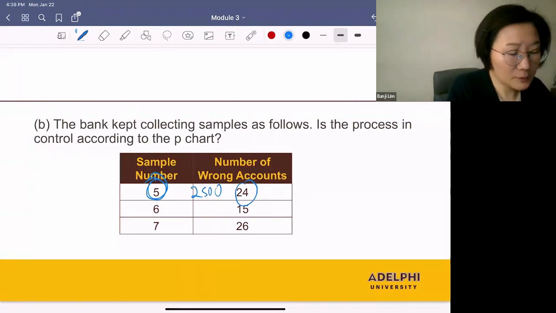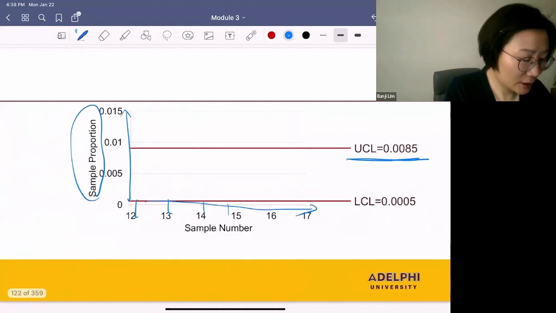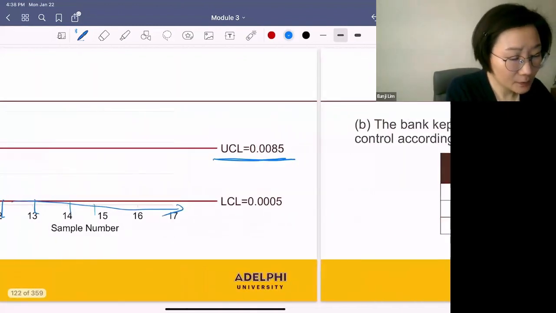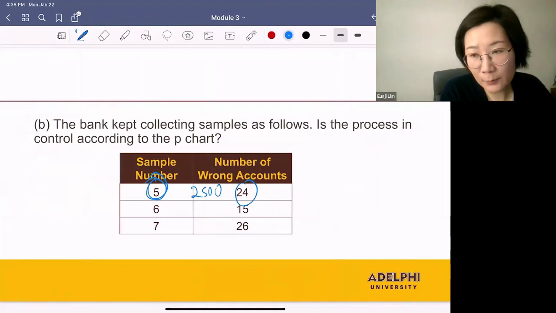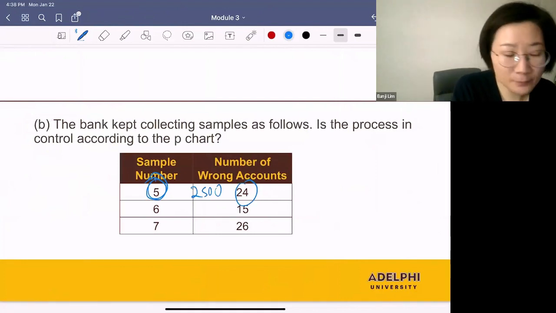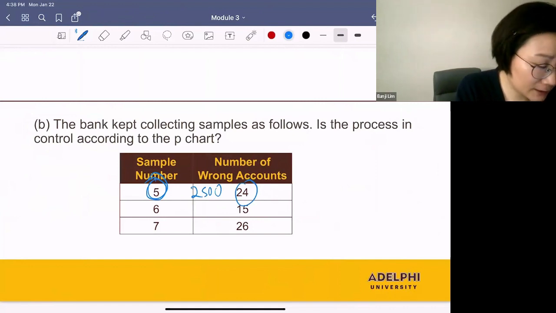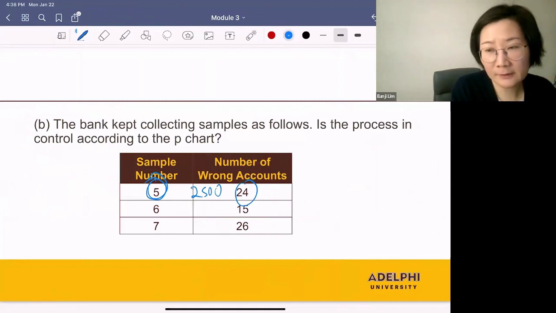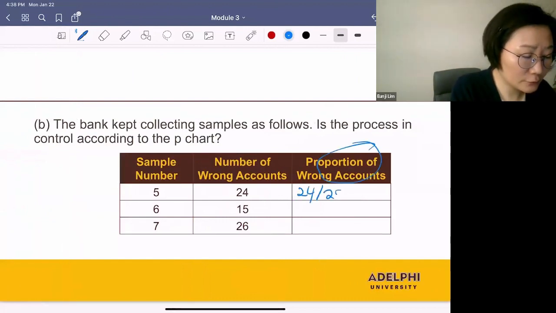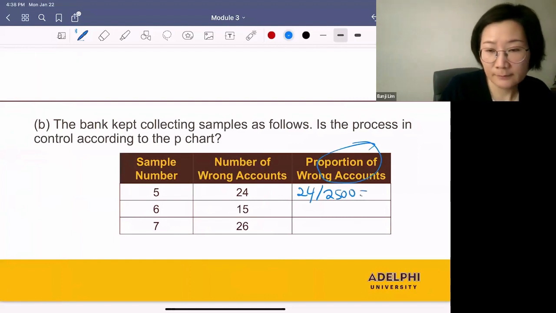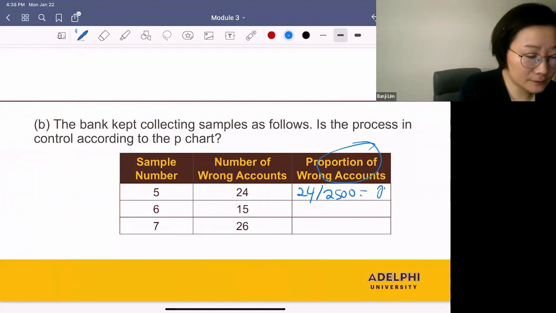So what should we plot on the P chart? In the P chart, the y-axis is the sample proportion. So we have to compute the proportion of defective accounts in each sample and plot that. So the proportion of wrong accounts is 25 over 2,500, which is 0.0096.